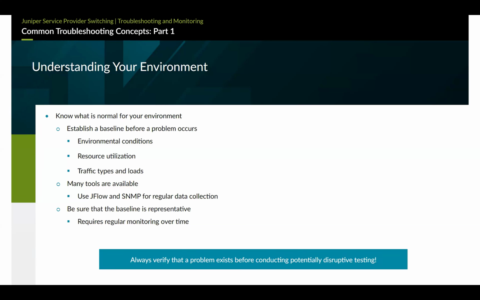So, understanding your environment, know what is normal for your environment. Before troubleshooting, you have to know your network better. Otherwise, you can't do troubleshooting, or you can't resolve your problem. Okay, so number one, establish a baseline before a problem occurs: environmental conditions, resource utilization, traffic types, and loads. It's all about device local resource and environmental conditions.